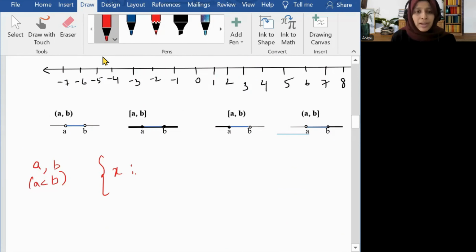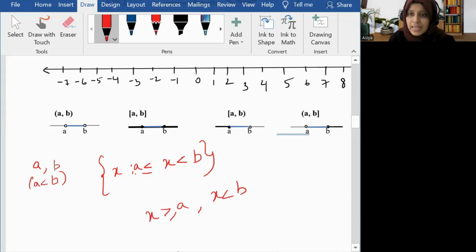The set of all x such that a is less than or equal to x less than b. Now, that means x is greater than or equal to a and x is less than b.